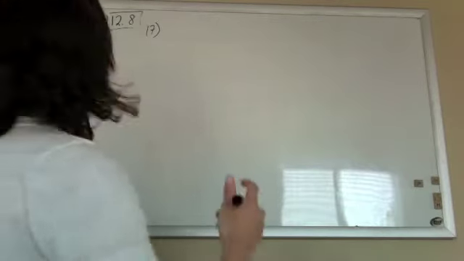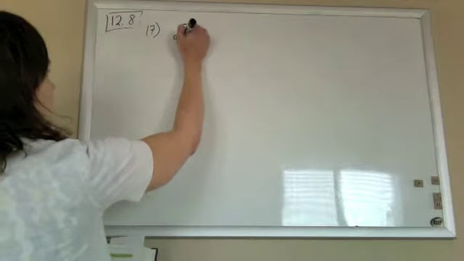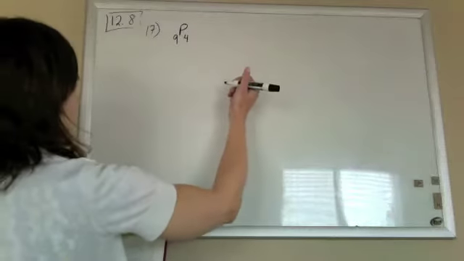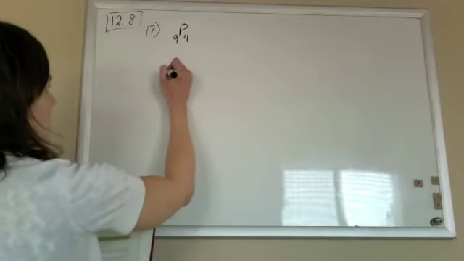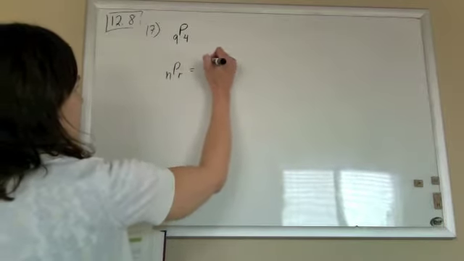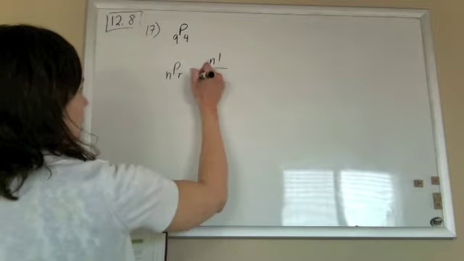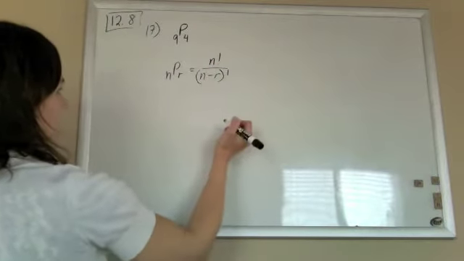Okay, so for number 17, they want us to find 9P4, and the formula we're using is nPr equals n factorial over n minus r factorial.